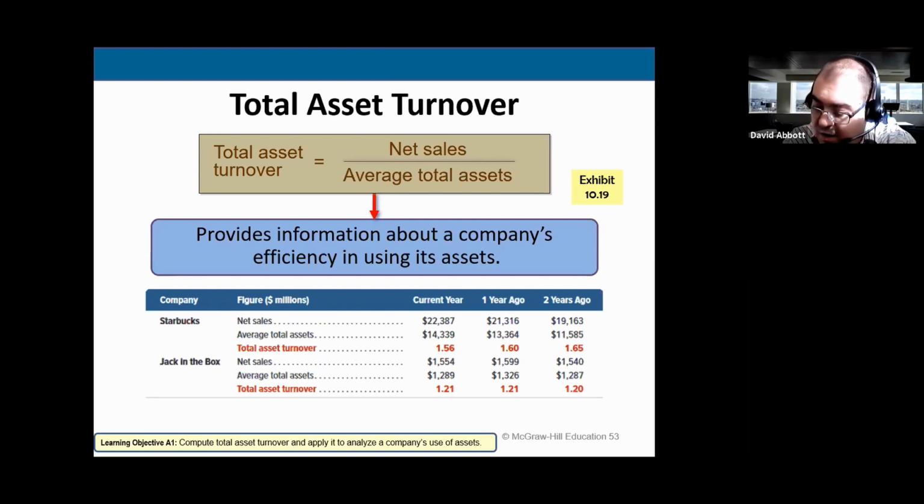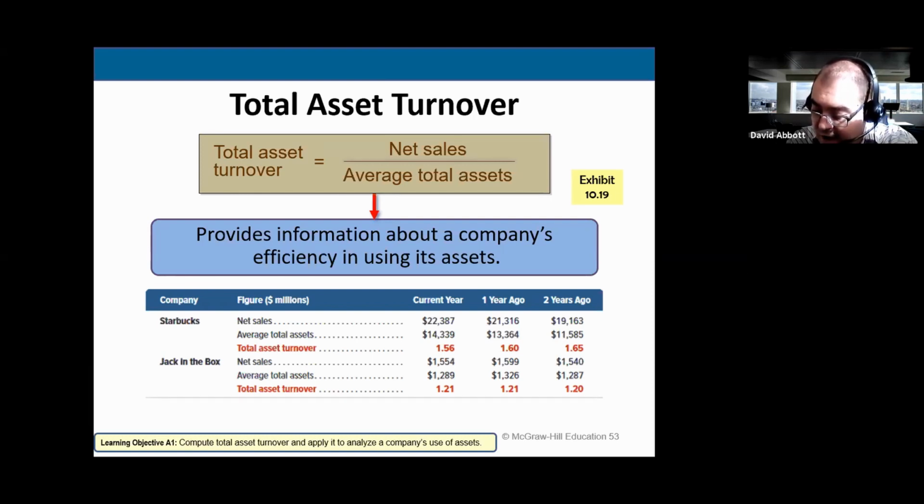Some operations are capital intensive, meaning that a relatively large amount is invested in plant assets to generate sales. This results in a lower total asset turnover. Other companies' operations are labor intensive, meaning that they generate sales using people instead of assets. In this case, we expect a higher total asset turnover.